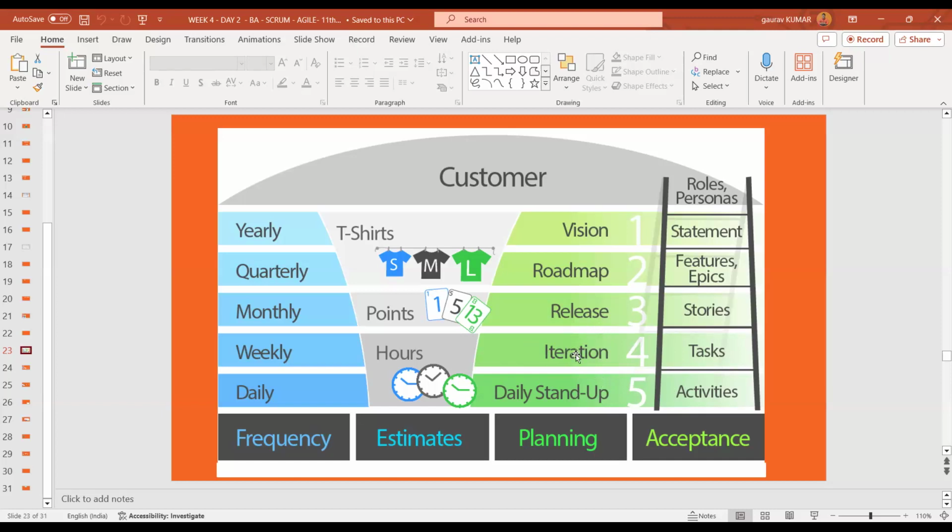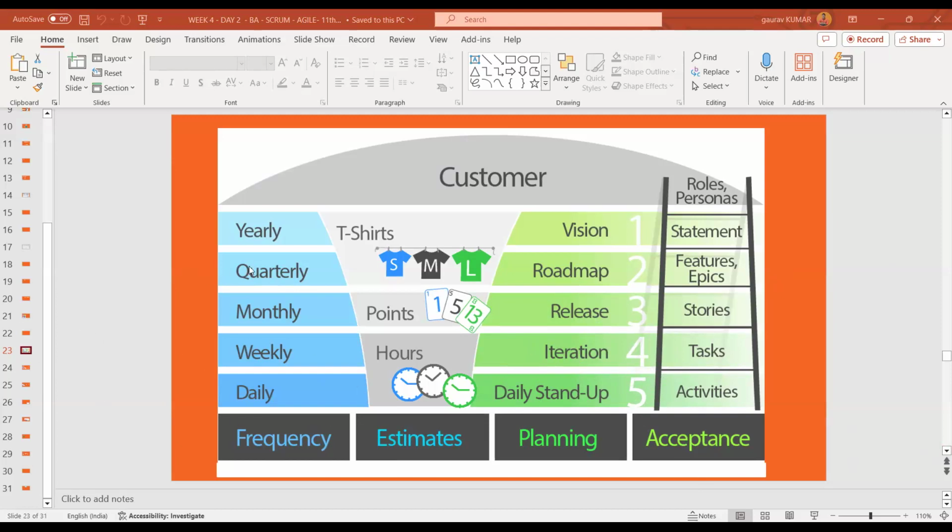Based on those releases, you come up with the iteration where you define the sprint duration, and then based on those activities assigned, you continue to have your stand-up meeting.